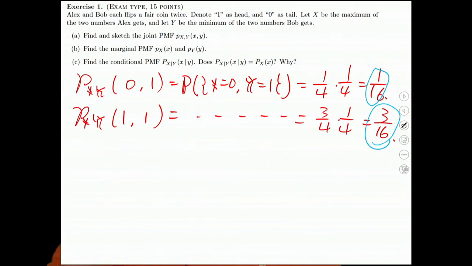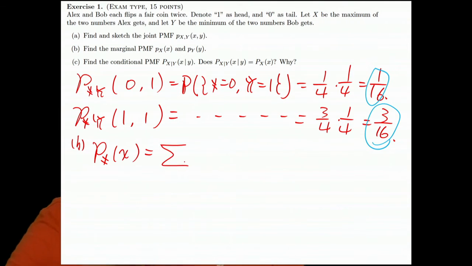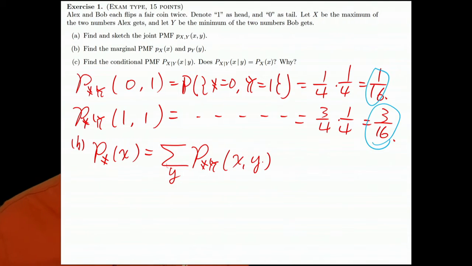Next, find the marginal PMF. So the marginal PMF of x is the joint PMF, but summed over y, which means y is either 1 or 0.